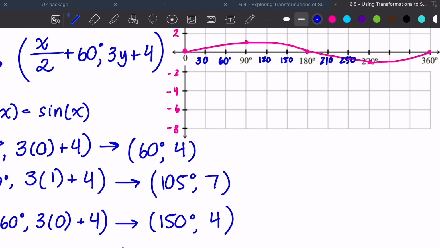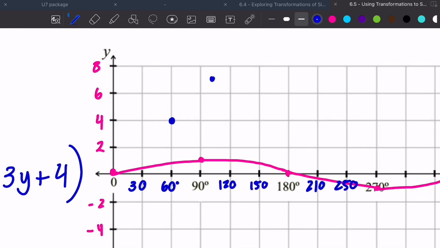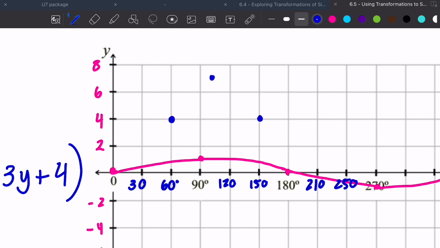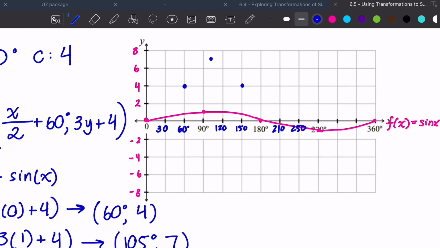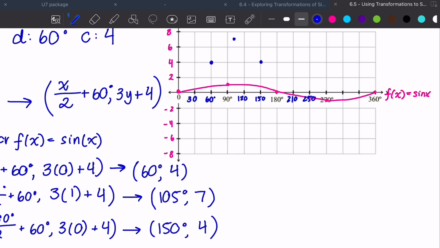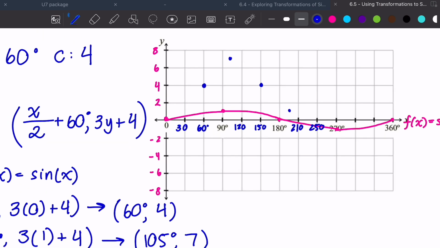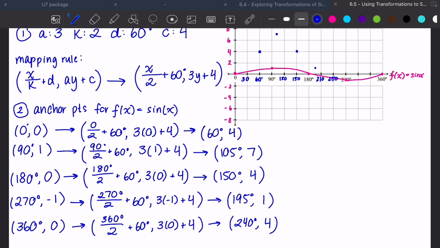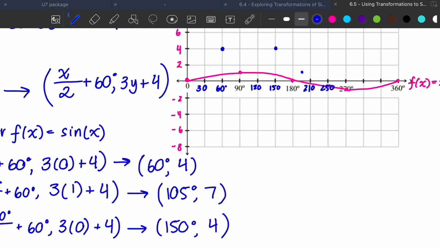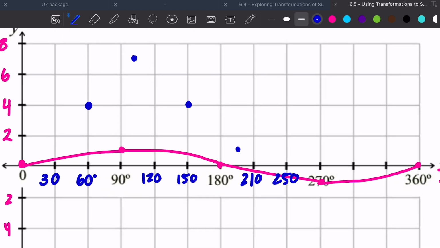Then if I go to 150, I'm back at 4. 150 is a clear point, so I'll be back at 4. Then we're going to go to 195, again slightly after 180. So 195, and then we are at 1. And then we are going to 240, which is right before 250, and we're at 4. So right before 250, and we are back at 4.